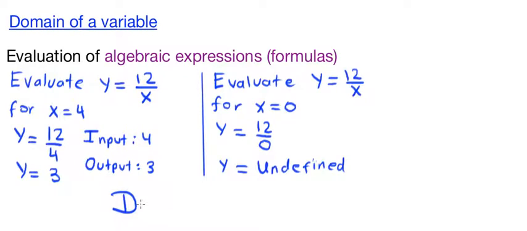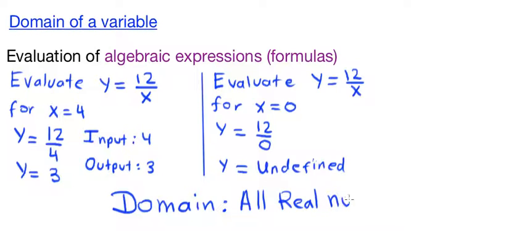So then we can say that the domain of x in this formula should be the set of all real numbers except 0, right? All real numbers can be evaluated into this formula. They will give us good outputs except for 0. So you take away 0 from the set of real numbers.